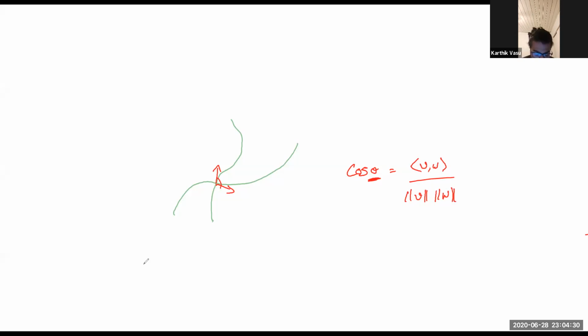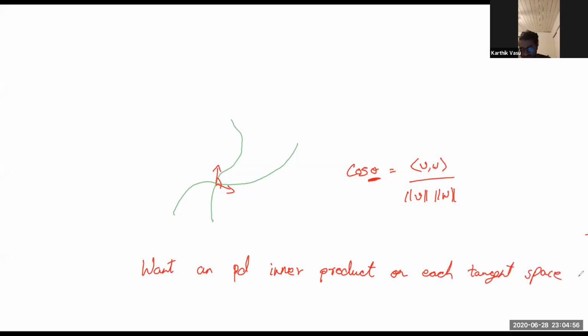So basically what we want is a positive definite inner product on each tangent space.